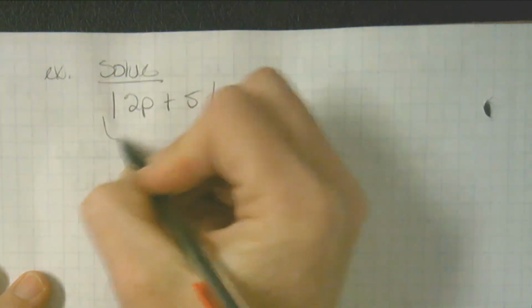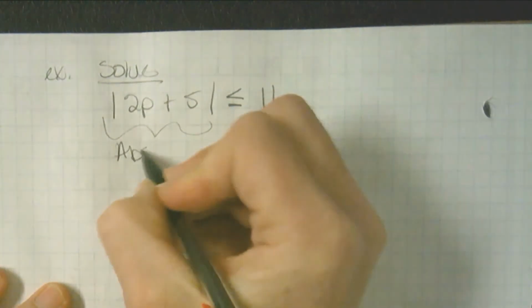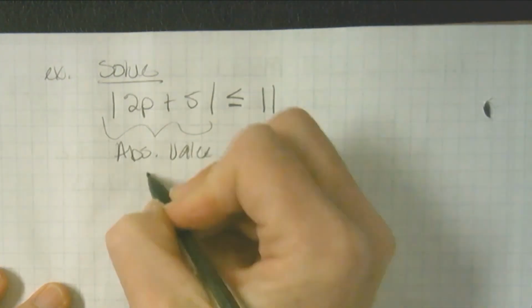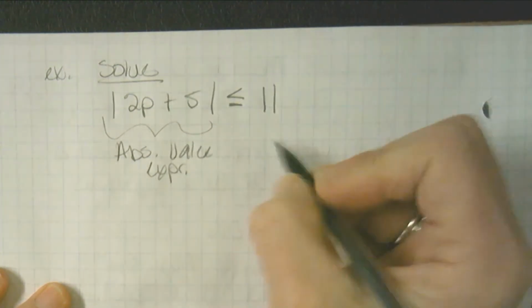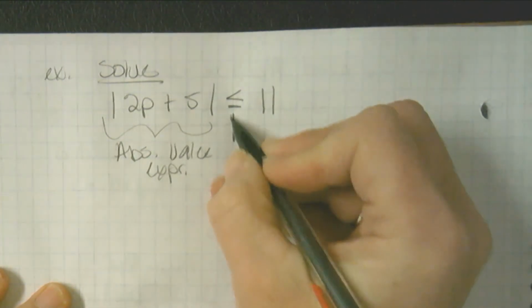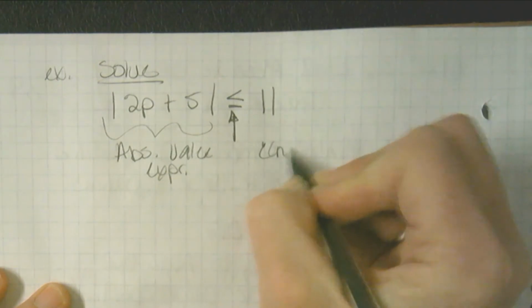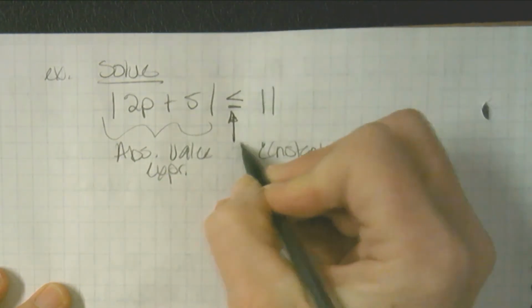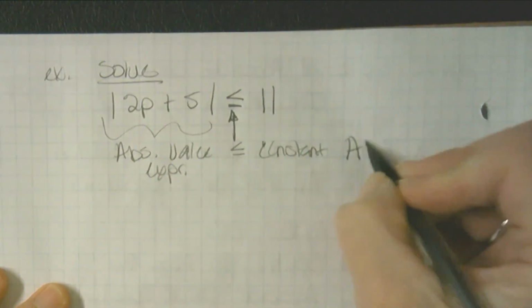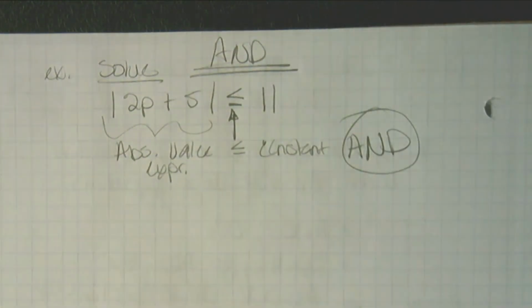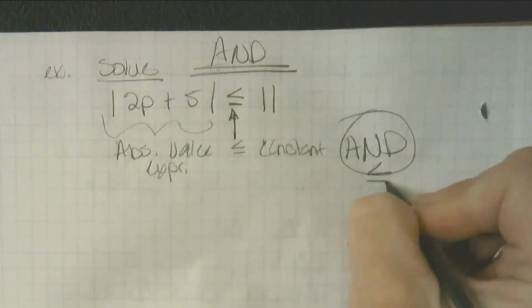We have our absolute value expression on the left. We have this less than symbol, and then we have our constant. This is an and. So we are going to be focusing on ands right now. This is an and because it's a less than or equal to symbol.